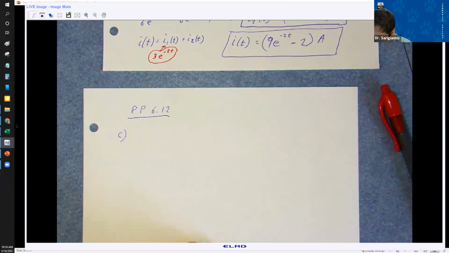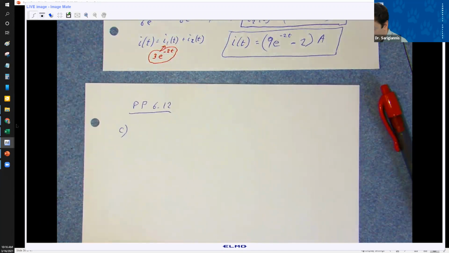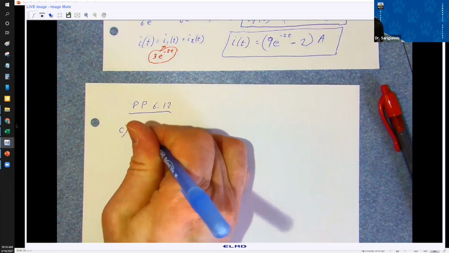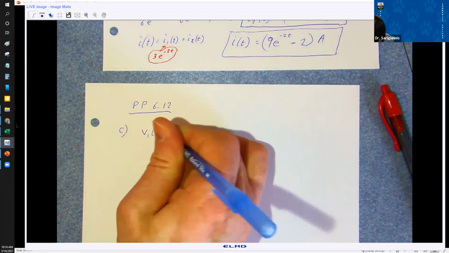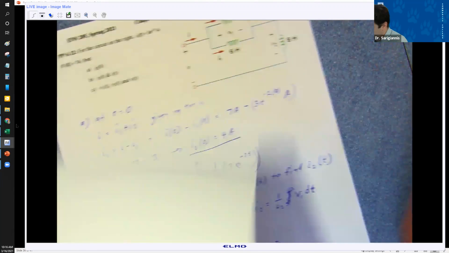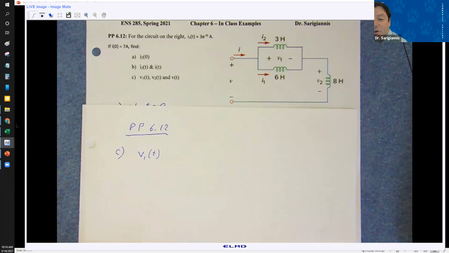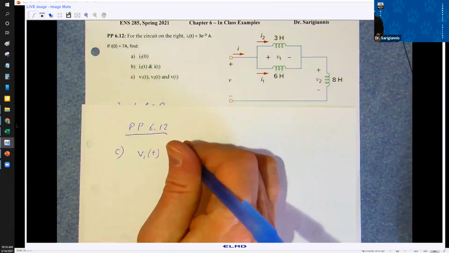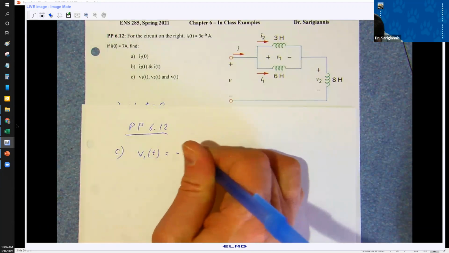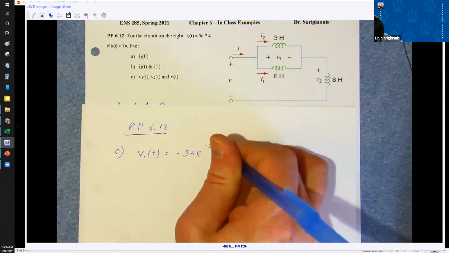So now we have the circuit, and we know the functions with respect to time. And in fact, we've actually solved some of these. V1 as a function of t, let me stick this underneath so we know what we're doing, is just equal to negative 36 e to the minus 2t.